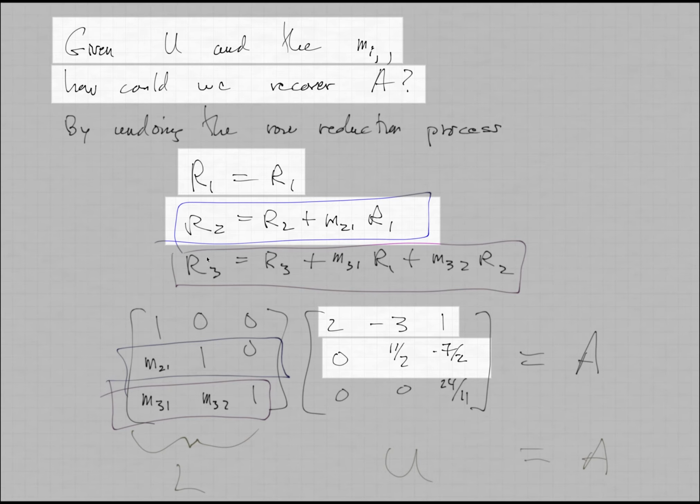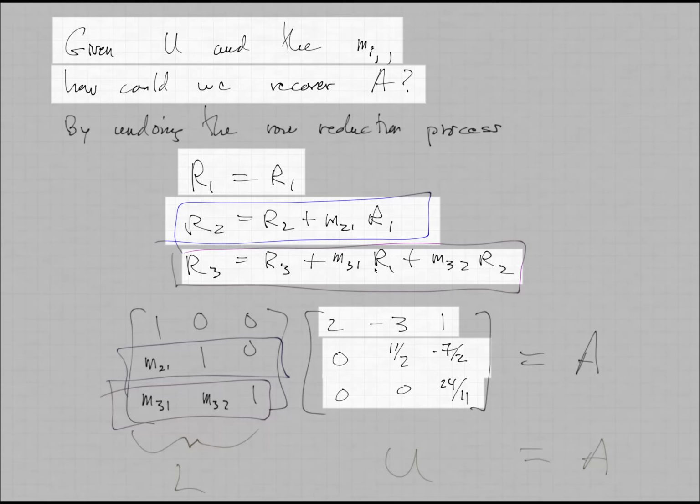To recover the third row of A, we just have to basically do this recovery operation twice. We start with the current R3, which is the result of subtracting two multiples of two rows from the original A. We subtracted a multiple of the first row to get this 0, and then we subtracted a multiple of the second row to get this 0, and we just add them back in.